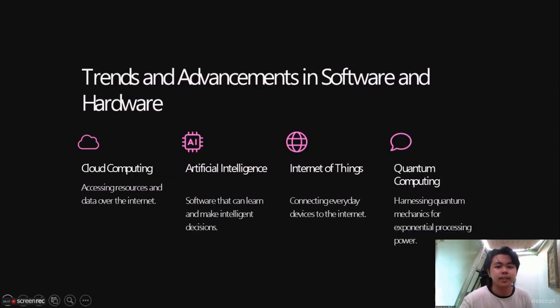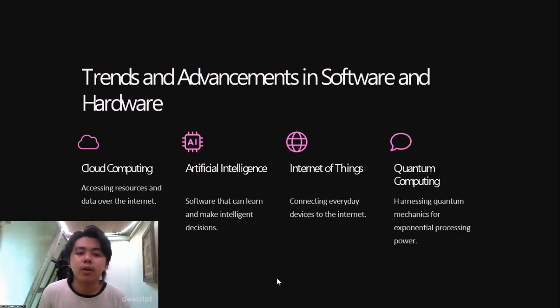4. Trends and advancements in software and hardware. First, cloud computing, accessing resources and data over the internet. These trends use the latest advances in software and hardware related to cloud computing, including security, scalability, and efficiency. 2.